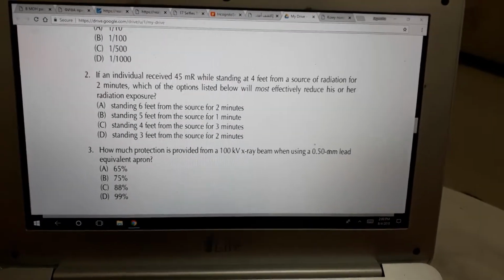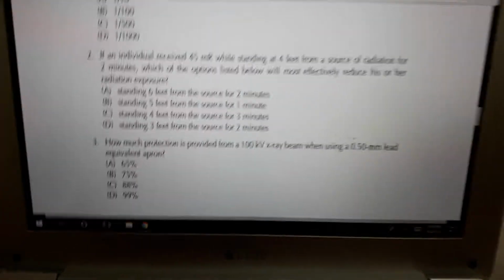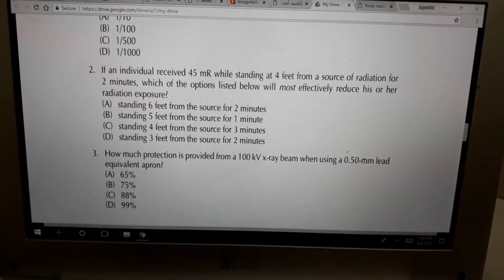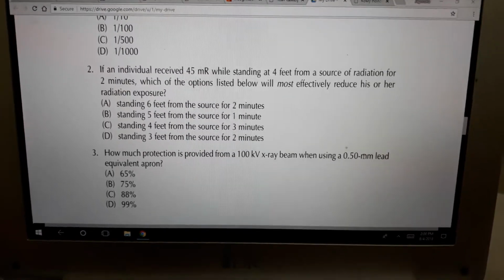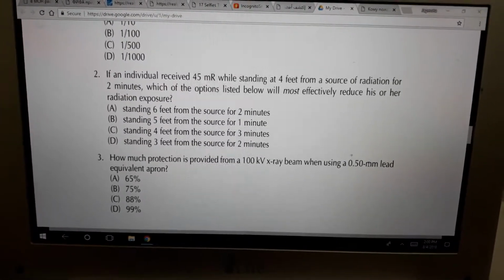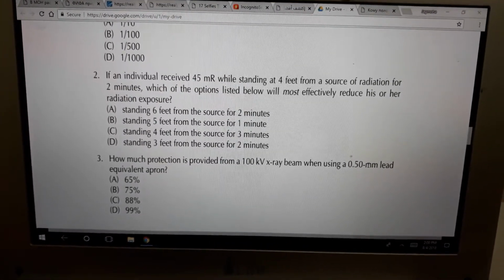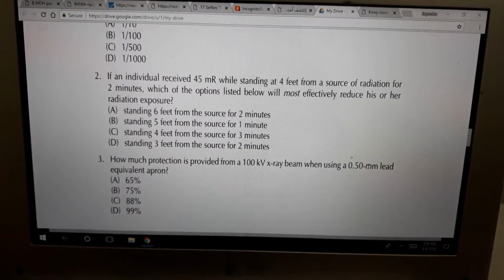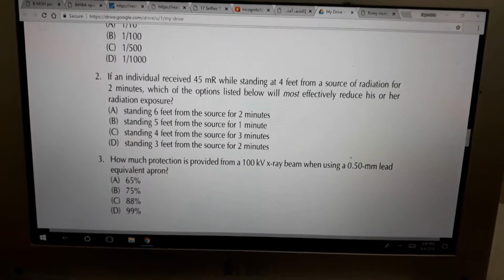If an individual receives 45 mR while standing 4 feet from the source of radiation for 2 minutes, which of the options below will most effectively reduce his radiation exposure?